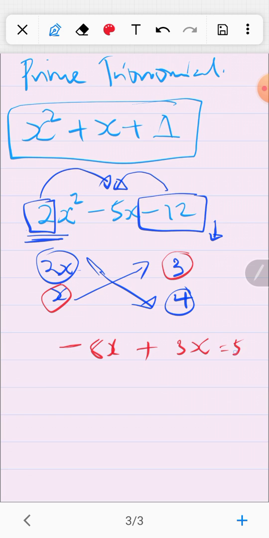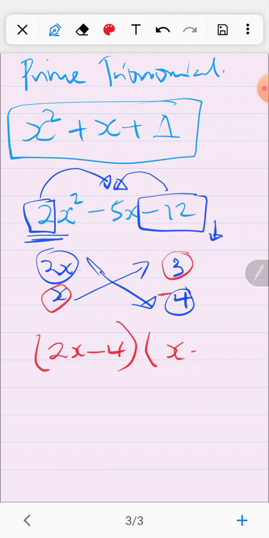Like I said, this needs to be happening in your head. So I know that if I put a negative on the 8, which is on the 4, then I should get what I need. So my factors are going to be 2x minus 4 times x plus 3.